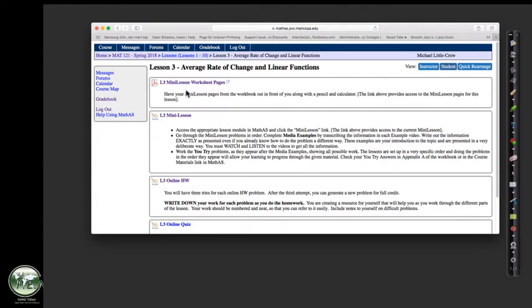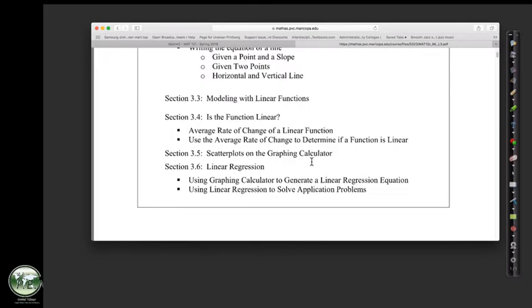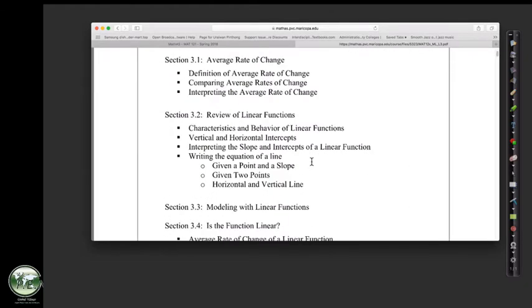Okay, we're going to use the worksheet pages from the book as sort of an outline to make sure I catch everything. Our main topics today will be average rate of change, which is slope, so we'll discuss that first. Then we'll do a little review of linear functions, so that's y equals mx plus b.